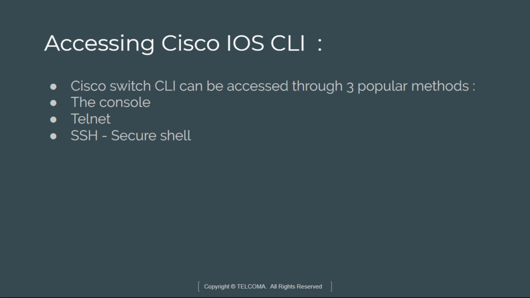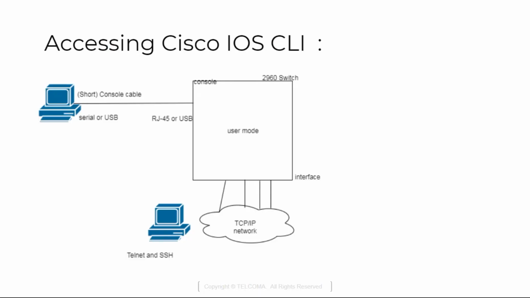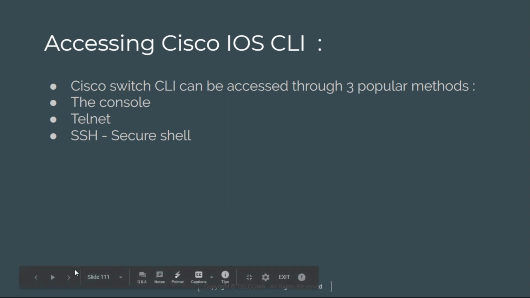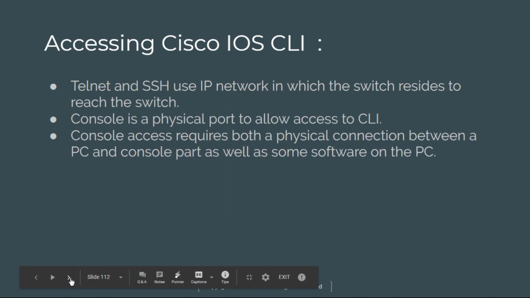Console access requires both a physical connection between a PC and a console port, as well as some software on the PC. After the PC is connected to the console, the terminal works. So here is a short console cable, this is a connector, user mode on the switch, and the TCP/IP network. This is Telnet and SSH. So it can be accessed with these.